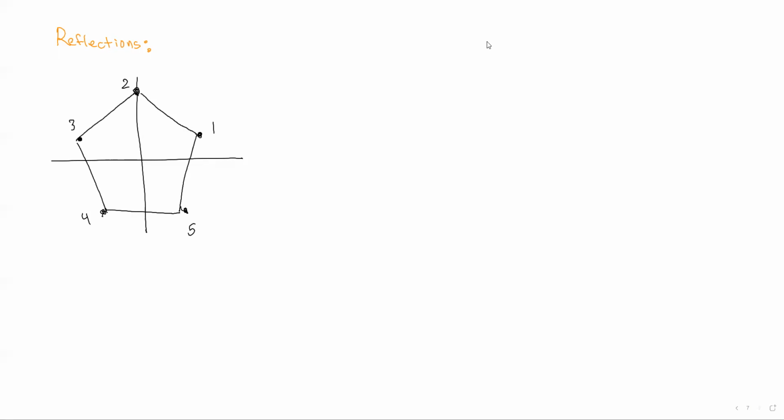And remember that it's a regular pentagon, so all these angles should divide the central angle of 2 pi into 5 equal pieces. So these should all be 2 pi over 5. Okay, so what are my reflections?